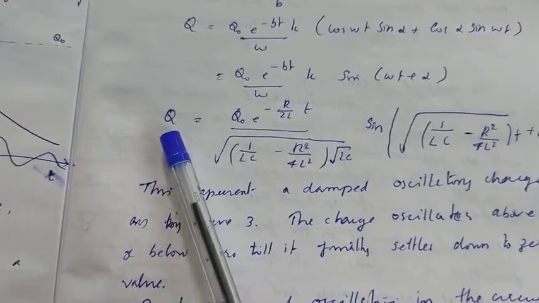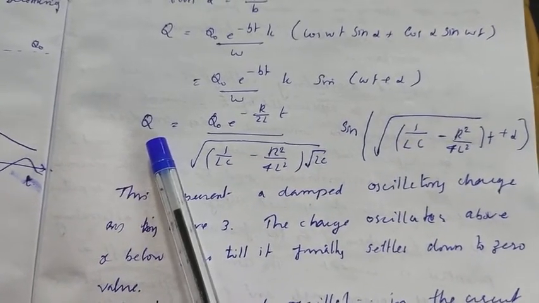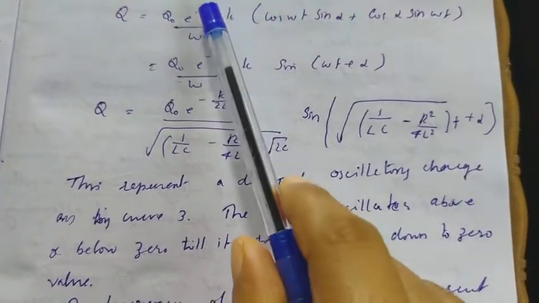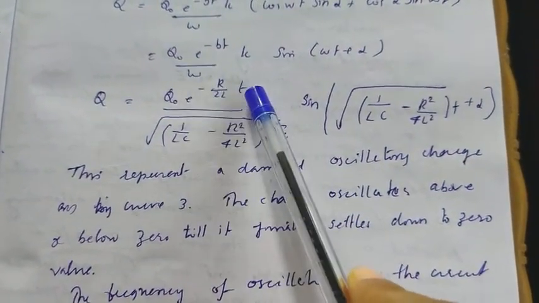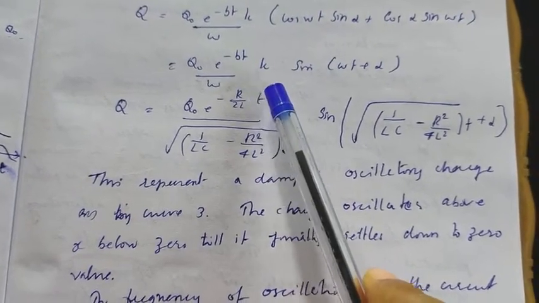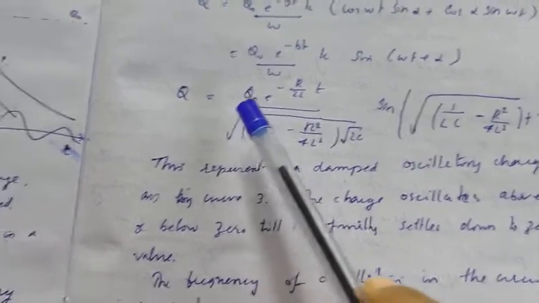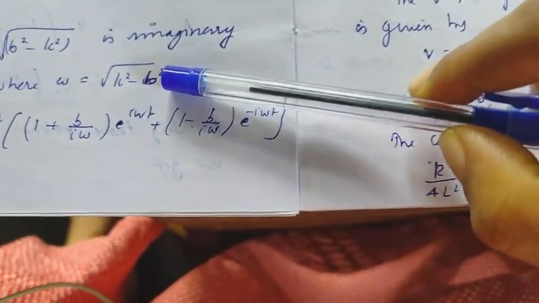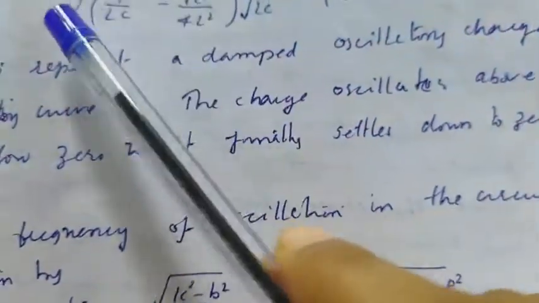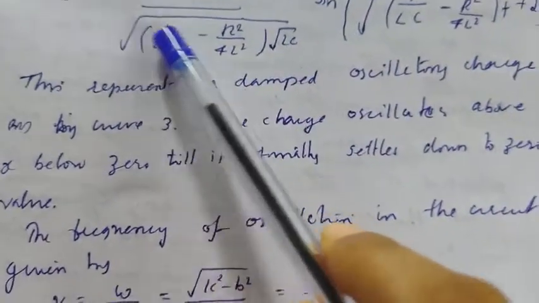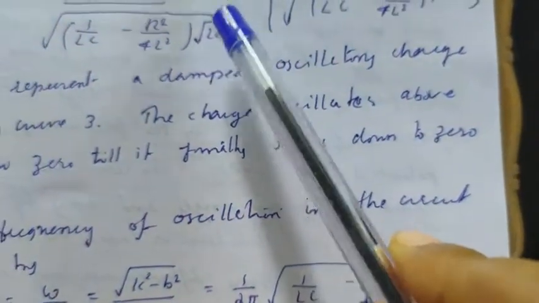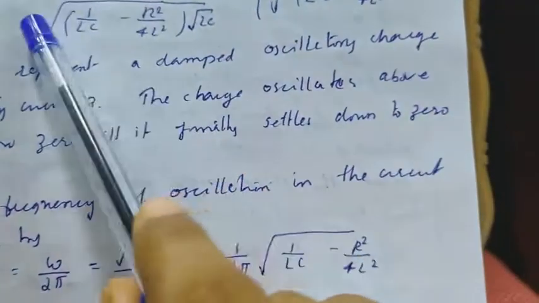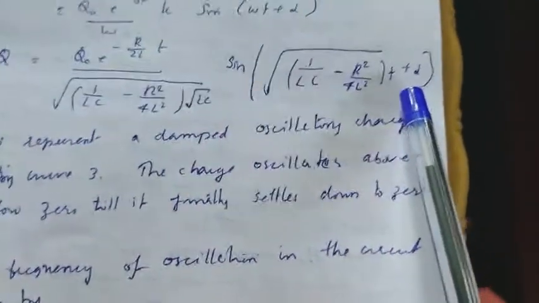Now, q will become q0 e raised to minus r by 2l into t; we are substituting back the value of b, r by 2l. Omega we have already substituted as square root of k square minus b square, and we are putting the value of k and b, so that omega will become like this, and k is equal to 1 by root LC. We are substituting all the values back into this equation, so we get a lengthy equation like this.